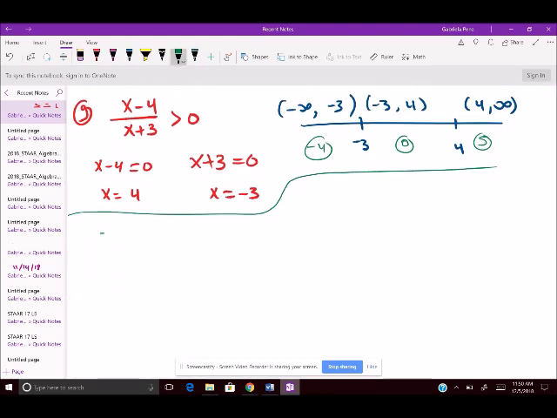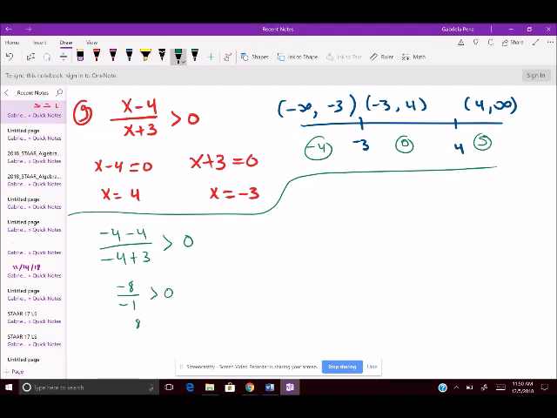So it's going to look different because now you have a fraction. But negative 4 minus 4 over negative 4 plus 3. And we're going to end up with fractions here, whole numbers, or decimals. What's negative 4 minus 4? Negative 8 over a negative 1. Is this greater than 0? Yes.